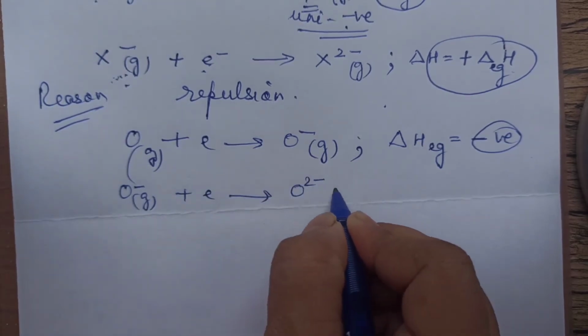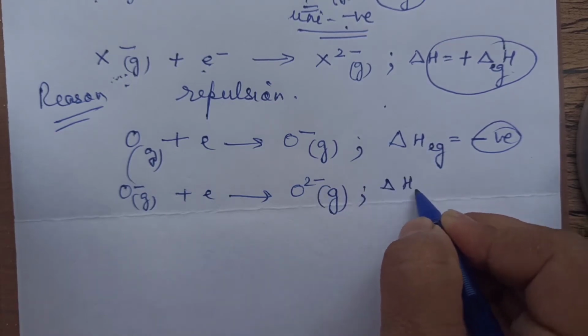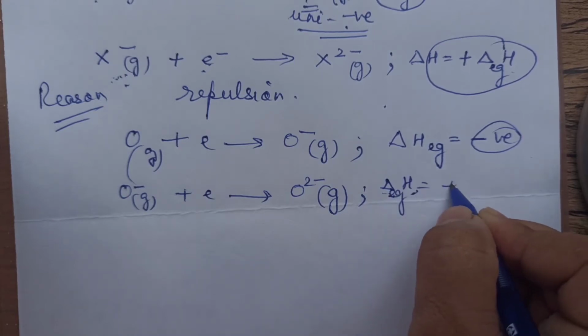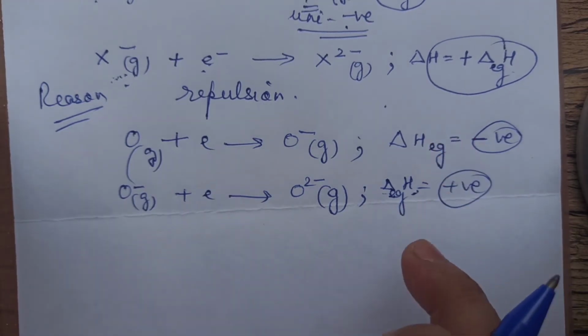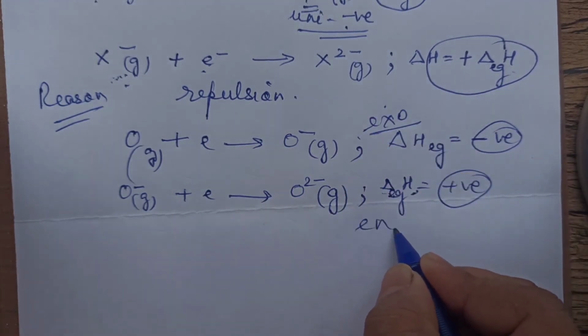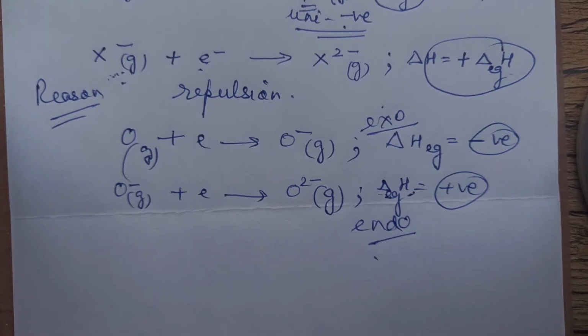Now it will form O 2 minus, also in the gaseous state. Now you write delta, that is the change of electron gain enthalpy. You can write Eg on this side also, it is fine. This is positive. So the second electron gain enthalpy is positive. The first one is exothermic, the second one is endothermic. Till here it is clear, right?